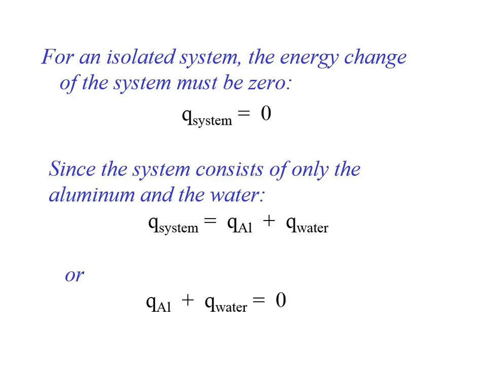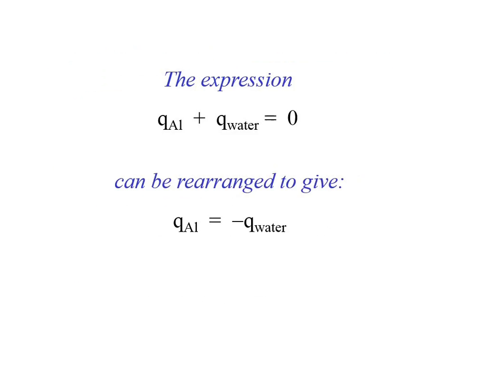And we can rearrange that, and you get this. So in this case, Q of the aluminum, the change in thermal energy of the aluminum, is equal to negative change in thermal energy of the water.